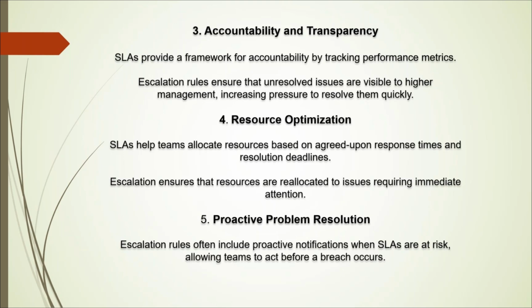SLA helps teams allocate resources based on agreed-upon response times and resolution deadlines. Escalation ensures that resources are reallocated to issues requiring immediate attention. Then fifth is proactive problem resolution. Escalation rules often include proactive notifications when SLAs are at risk, allowing the team to act before a breach occurs. So these are the benefits of SLA.